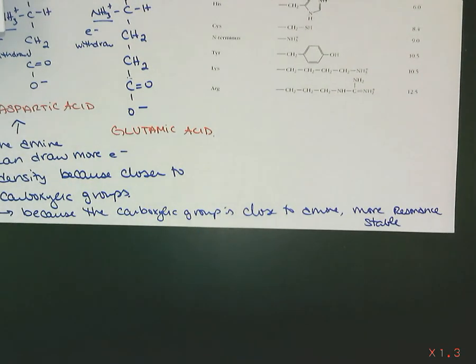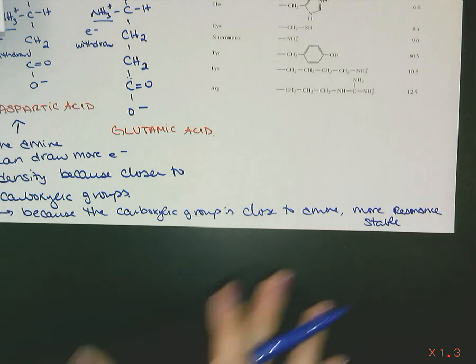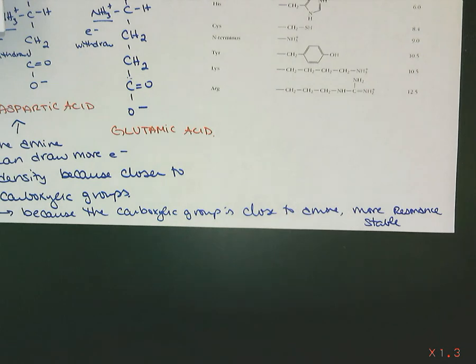Because our carboxylic acid group is close to the amine, it's more resonance stable, right? Because you're only one carbon away, so you can share those electrons back and forth easier. So it's more stable.